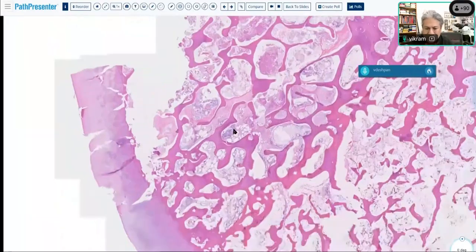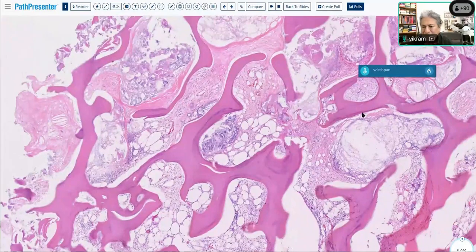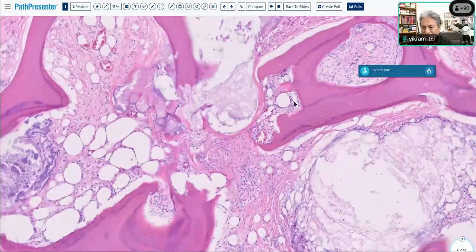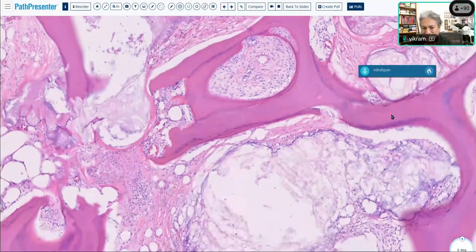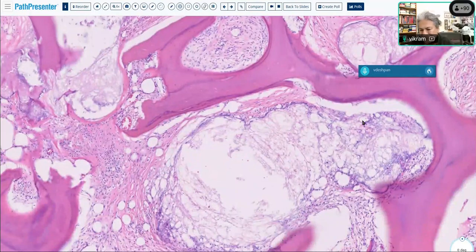And I wanted to show you what dead bone looks like. Dead bone, not only do you have no osteocyte nuclei here, so this is pre-existing or lamellar bone where all the osteocyte nuclei have dropped out, but you can also see necrosis in the marrow. So this is fat necrosis, and the bluishness is because of calcification. Often calcification is deposited on fat necrosis.